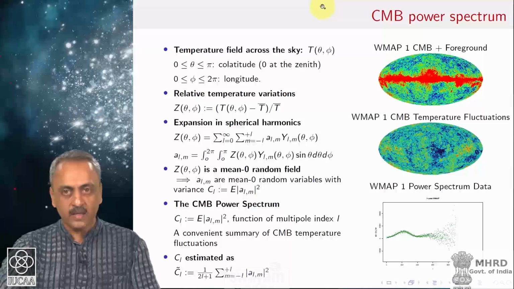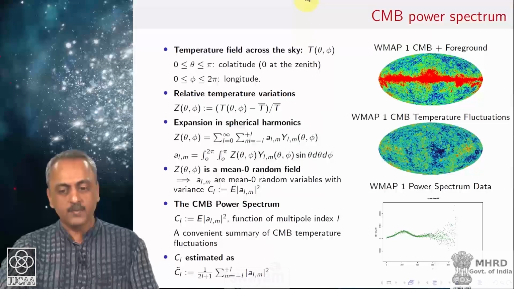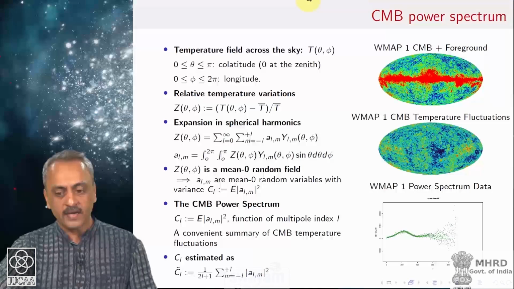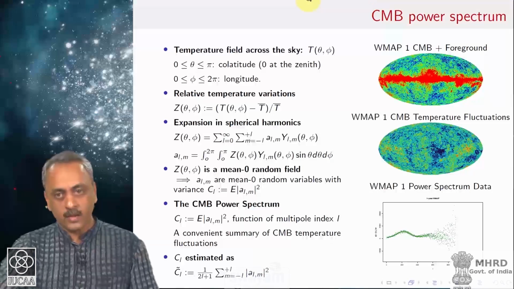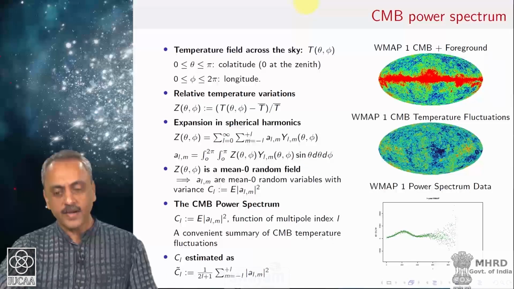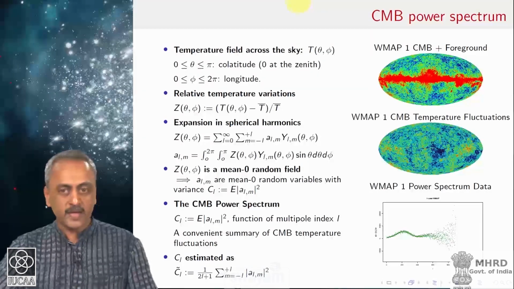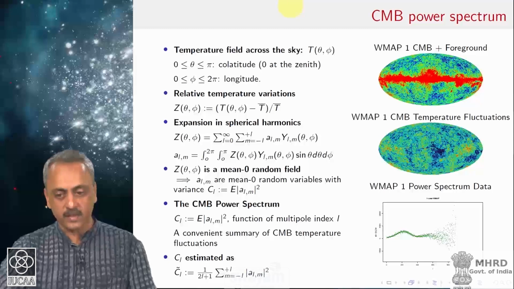In the early 2000s, this satellite probe called Wilkinson Microwave Anisotropy Probe was launched into space, and it kept on measuring CMB radiation from different directions, and it kept on spitting out data realizations every 2 years since then.